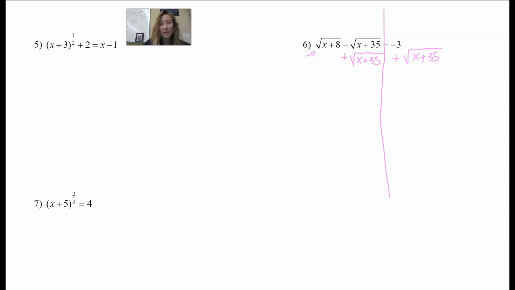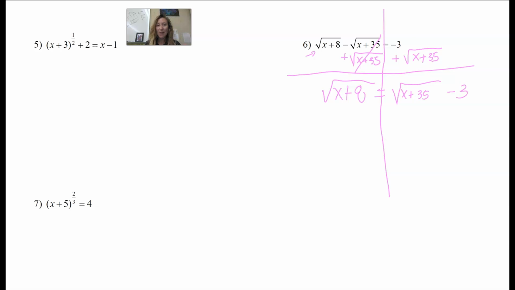So that radical expression can't change. It's inside the radical. And so now I'm left with the square root of x plus 8 is equal to, and I'm going to write it like this, the square root of x plus 35, and then it's minus 3.